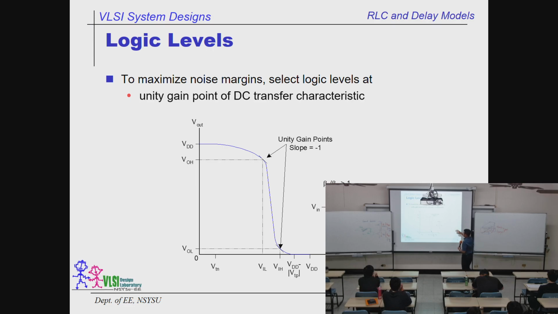So when the slope hits -1, there are two turning points here. When the slope shows you the 45 degree in this direction, that's slope of -1. Then the first one we run into, we call the output high. And the second turning point, we call the output low. This is how we define the unit gain points, and this is where the voltage high is and where the voltage low is.